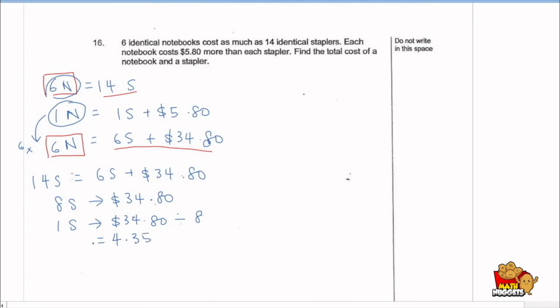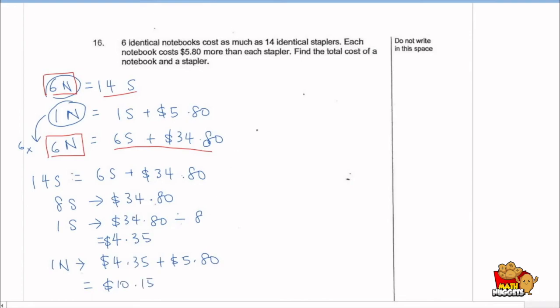Now we want to find one notebook, right? So do you remember that one notebook costs $5.80 more than a stapler? So we can very quickly find the notebook, which is you take the stapler and you add $5.80, plus $5.80, we would get $10.15.